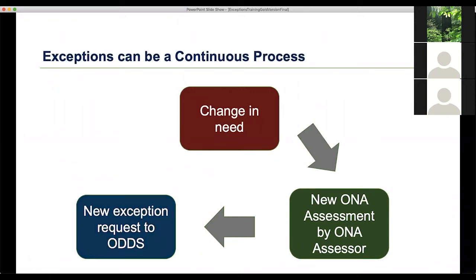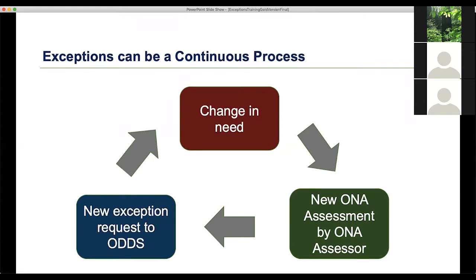So then you have the blue box and things are fine and dandy. But if we go back to that change in need, oh, something has changed in that person's life, situation, or support needs. We go, okay, there's a change in need. Let's make sure the assessment reflects that, and then go from there. And do we still need an exception after the new assessment? So again, it can be very circular. At some point, maybe somebody doesn't need an exception anymore, and that's fine.